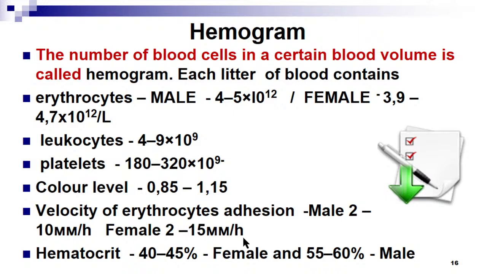It also depends on different functional conditions and the localization of the person on the physical levels of the planet, for example the changes in the mountains and in the valley. Hematocrit is 40-45 for female and 50-60 for male.